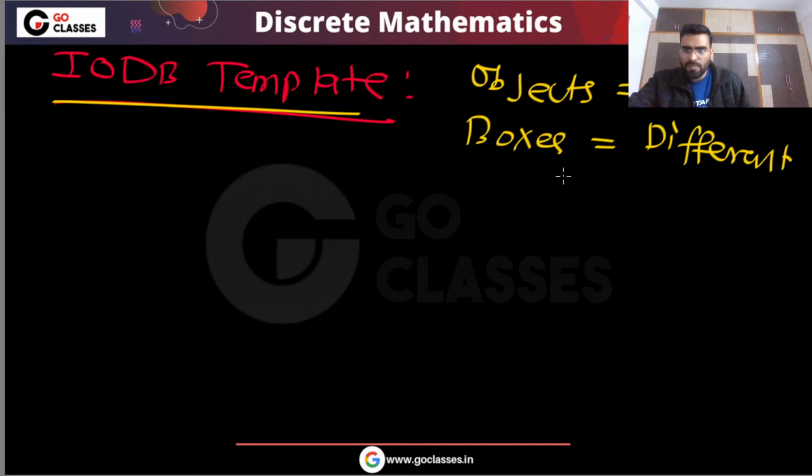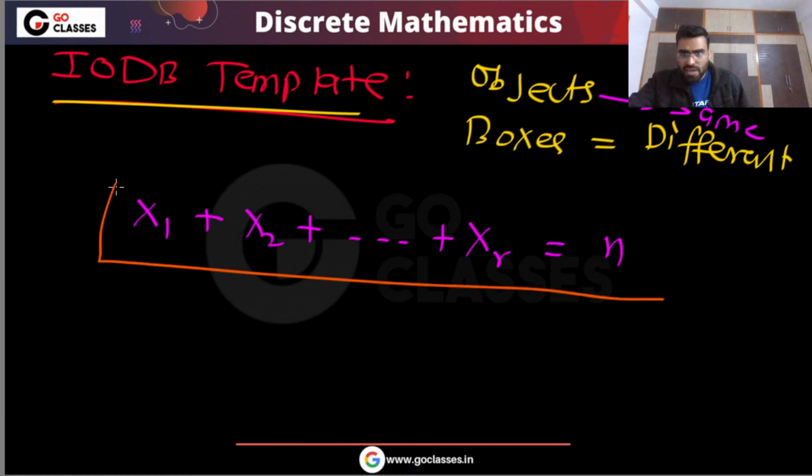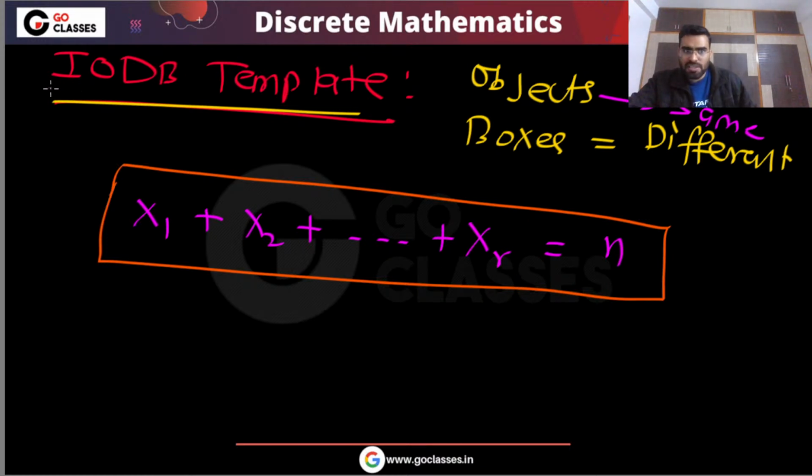At any point of time, for example, if you find x1 plus x2 plus and so on up to xr is equal to n, if you ever find this type of equation, and you have to find the solution of this equation, the non-negative integer solution of this problem, then you can apply the IODB template.